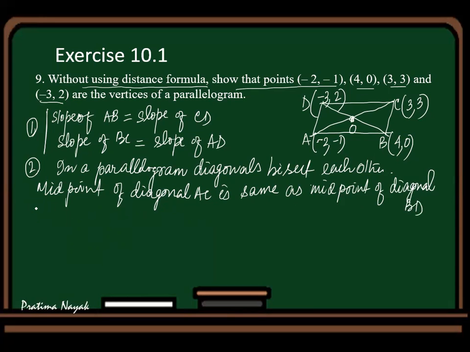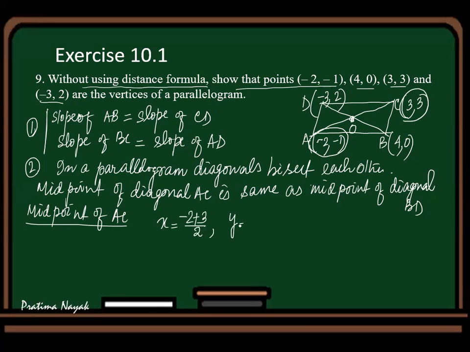That is easier. So I am getting the coordinates of the midpoint of AC. A is (-2, -1), C is (3, 3). What is the midpoint? X will be (-2 plus 3) by 2, and Y will be (-1 plus 3) by 2. How much am I getting? I am getting 1 by 2, and I am getting 1 here.